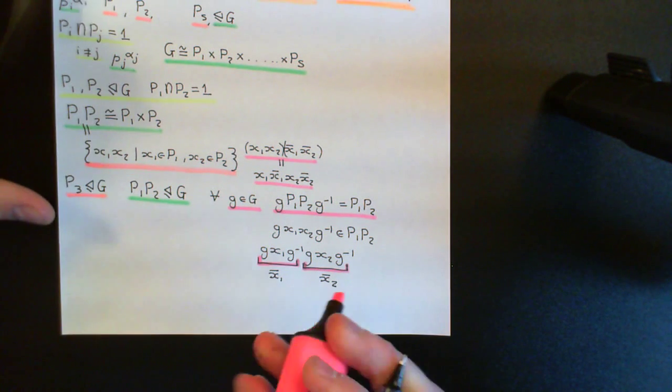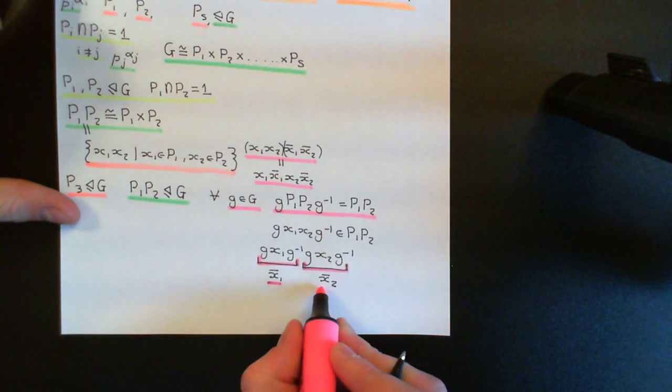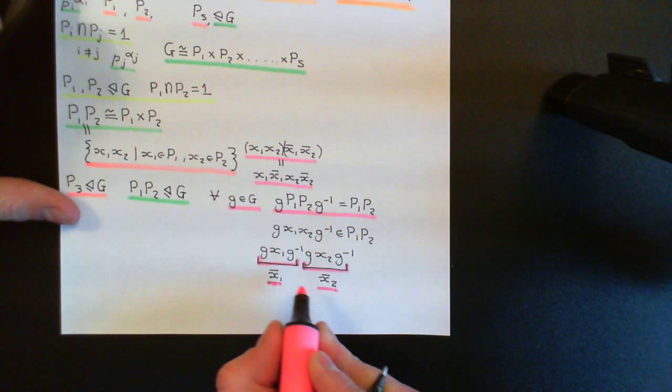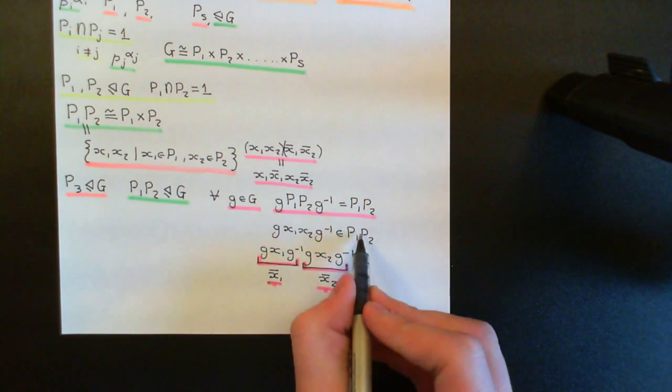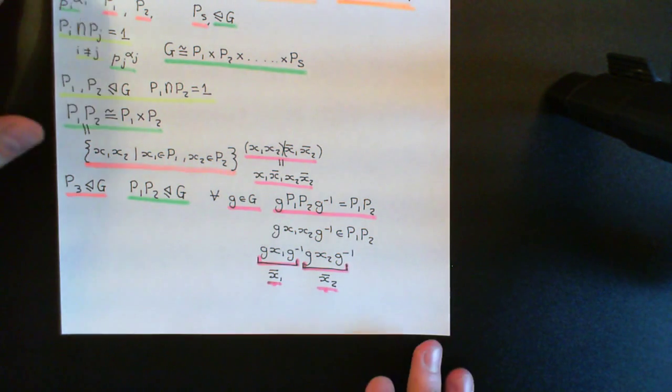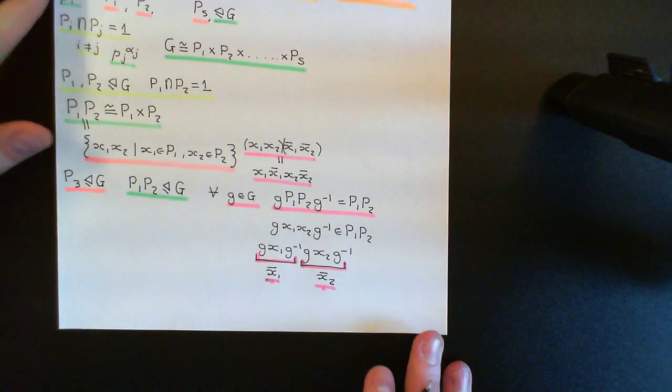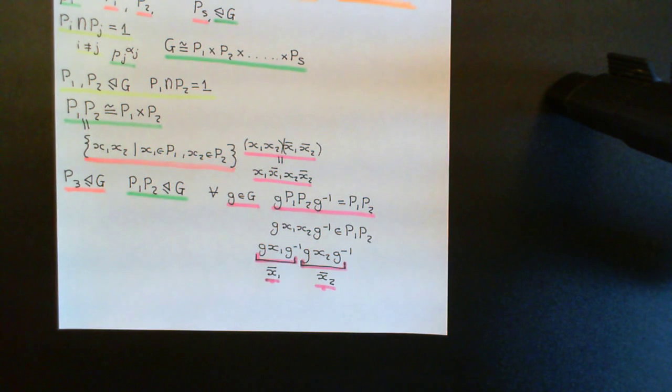Okay, some other element of capital P2, i.e., this is going to be an element of capital P1 composed with an element of capital P2. Okay, therefore it's still going to be in the internal direct product of capital P1 with capital P2. So there is the simple reason for why the internal direct product of these two normal subgroups of capital G is always going to itself be a normal subgroup of capital G.